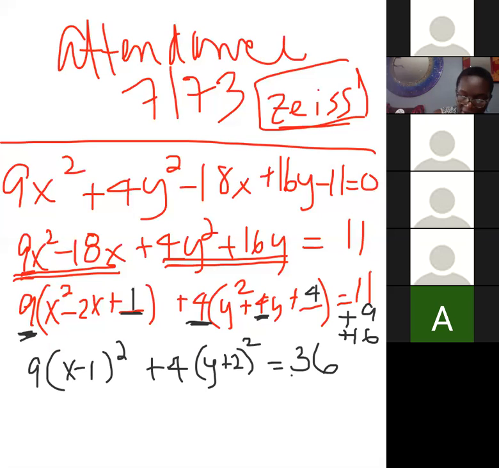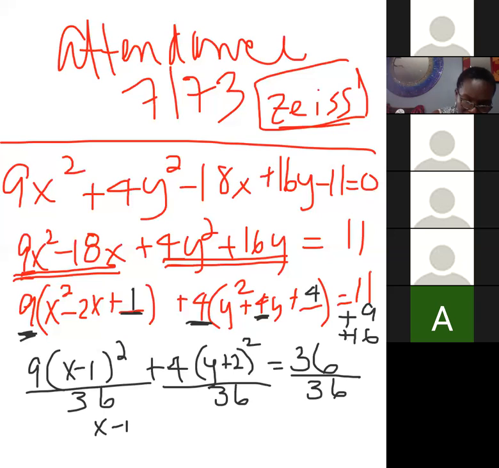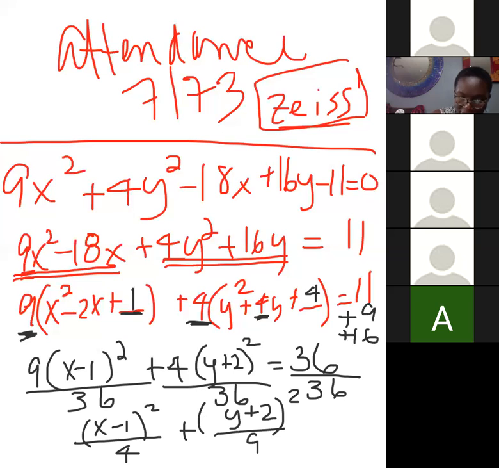So we got to get rid of the 36 here by dividing both sides by 36. So this simplifies to (x minus 1) squared over 4 plus (y plus 2) squared over 9 is equal to 1. So now it's in standard form.